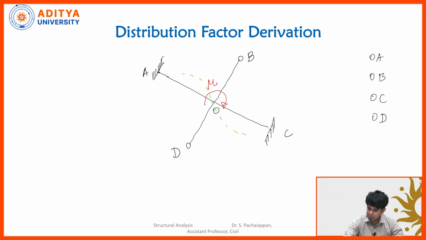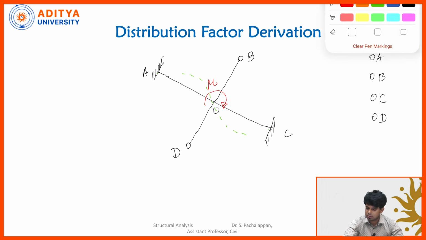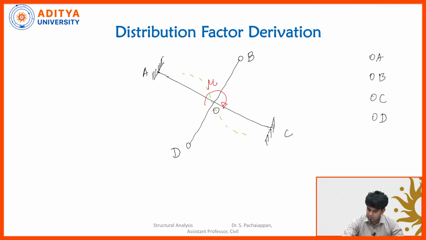So let's simply modify this curve slightly. It's going to be like this, because at the fixed support the slope is 0. Then all the way it's going to deflect like this, and in this case it's simply supported.